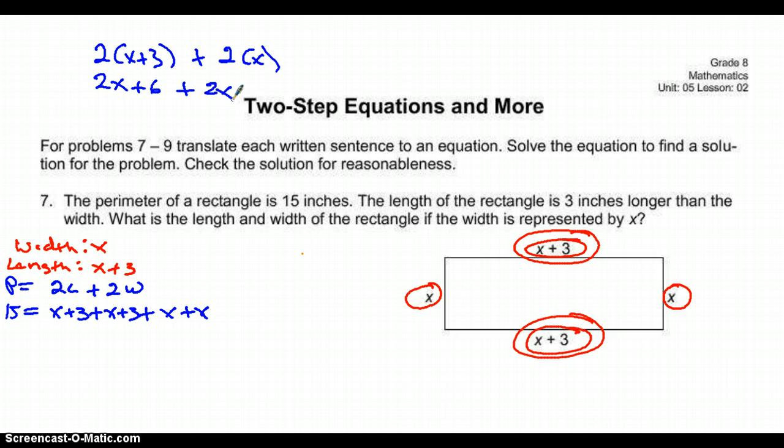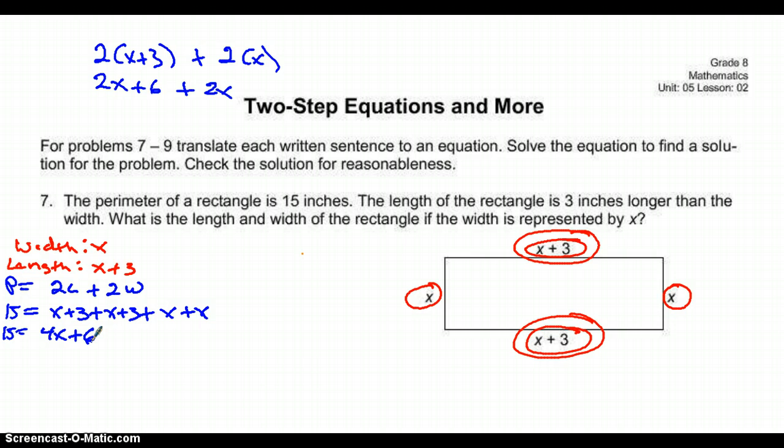We could have easily done that, but I want to show you how we can add our like terms. So what we have is a lot of x's. I see 1, 2, 3, 4 of them. So 15 is going to equal 4x, and 3 plus 3 is 6.